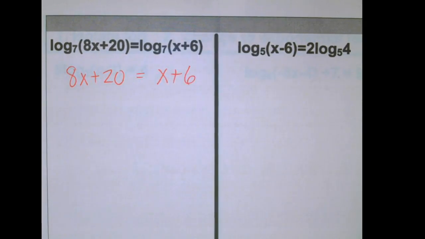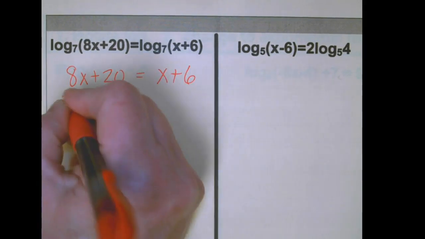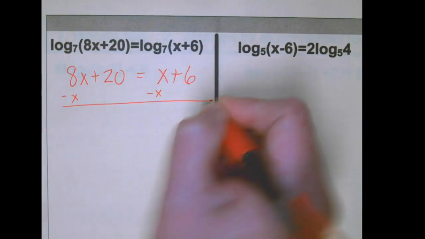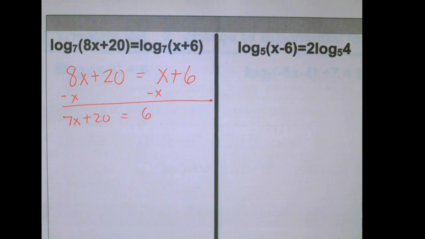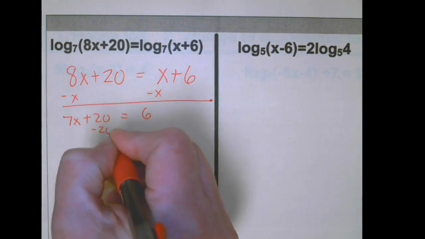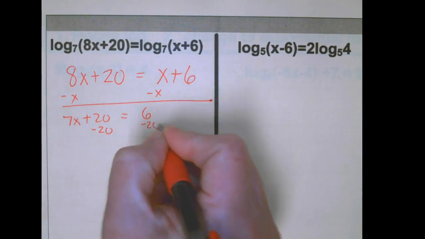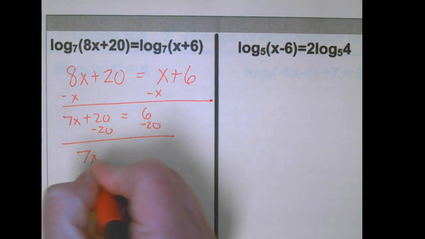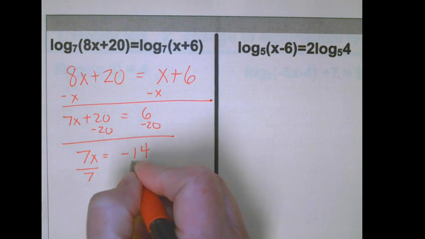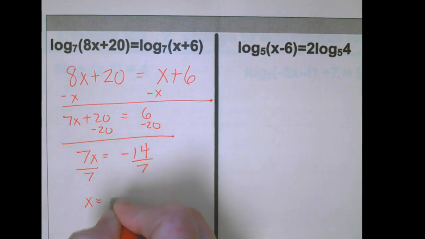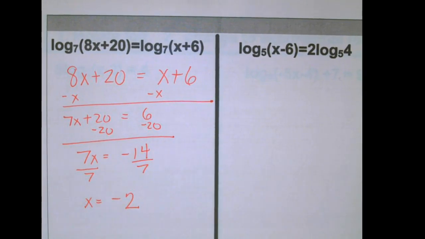As if the log base 7 canceled out. Now, it does have to have the same base. So, all you have to do is solve that. Subtract the 20 from both sides. Divide by 7. Do you remember that kind?